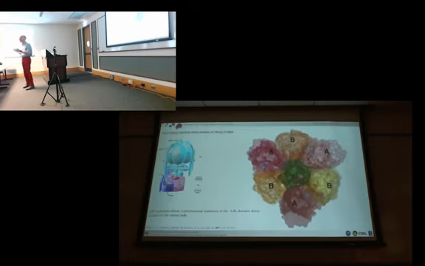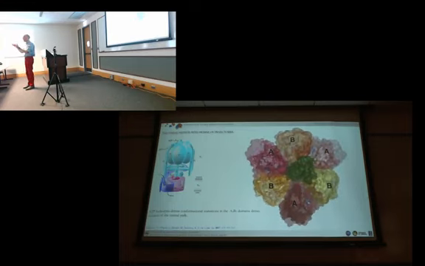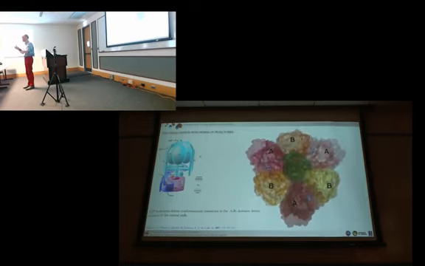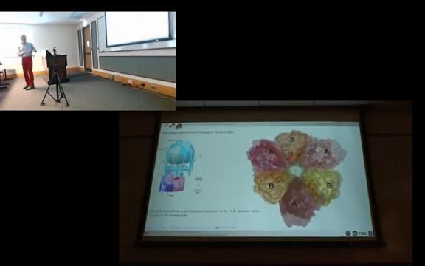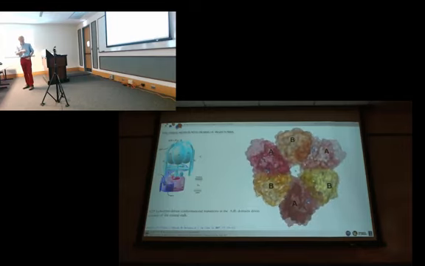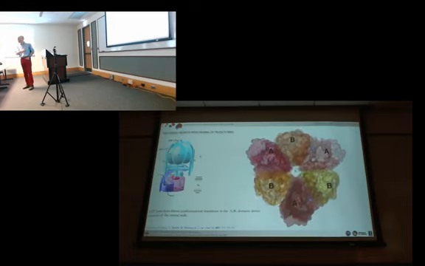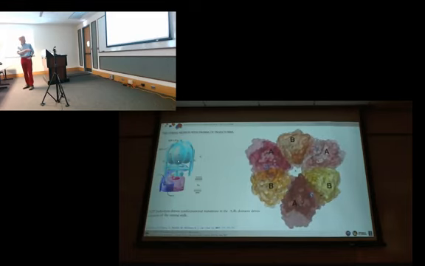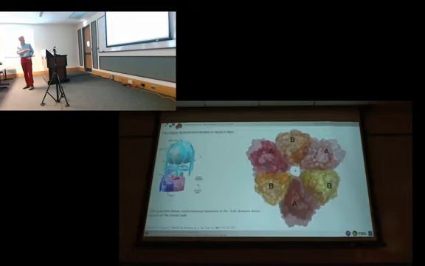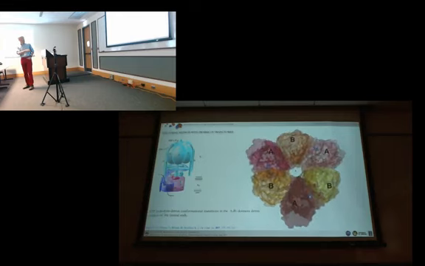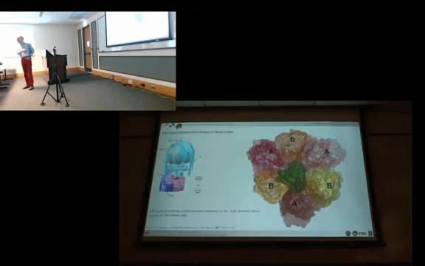In this process you have a lot of breathing, opening and closing of these interfaces, which in turn promotes the motion of the shaft. The shaft is also called the central stalk, and this central stalk is the thing that you can see rotating. Right?